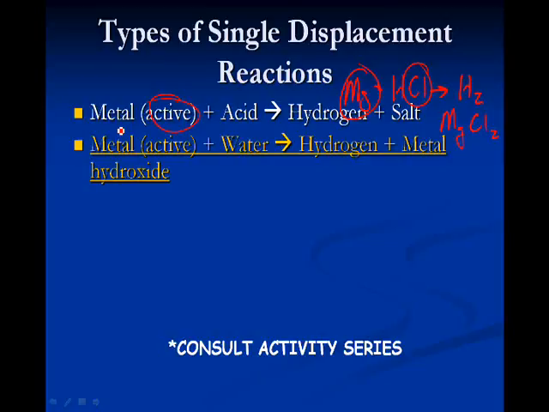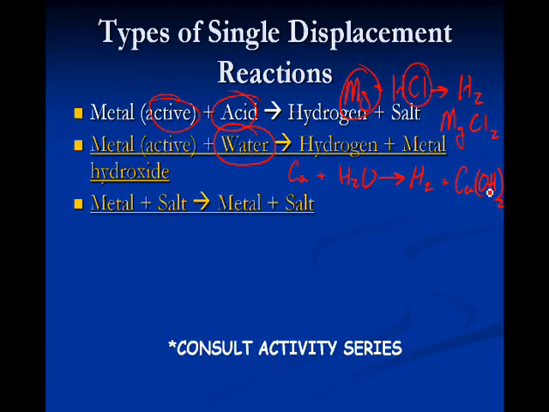So here we're reacting with an acid, here we're reacting with water, and we get a very similar reaction. That would be things like calcium plus water make the hydrogen gas and the metal calcium hydroxide. An example of that kind of single displacement reaction.